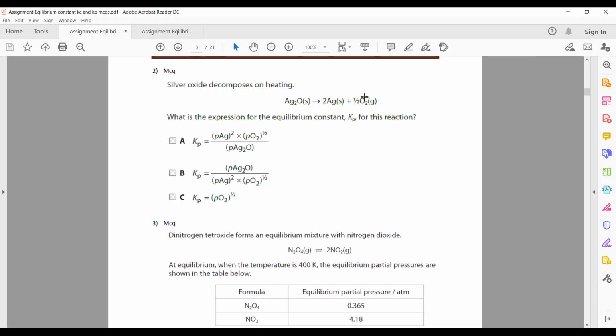Solid, solid, and gas. So actually it should be question 2. The answer should be D. Why D? Because it's a heterogeneous equilibrium, solid, solid, and gas.